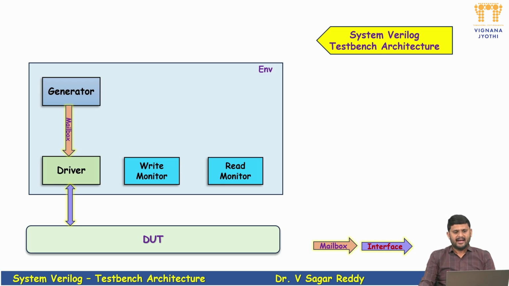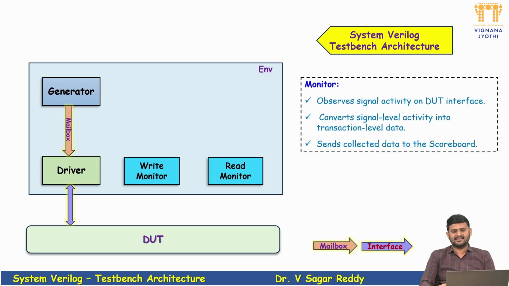The second is that it converts signal-level activity into transaction-level data. Just like the driver translates the transaction down into signals, the monitor translates signals back up into transactions. This makes the data meaningful and easy to process. The third is that it sends the collected data to the scoreboard for checking.